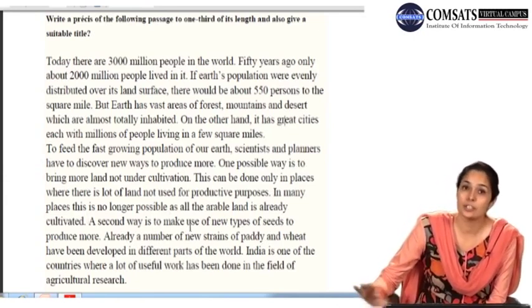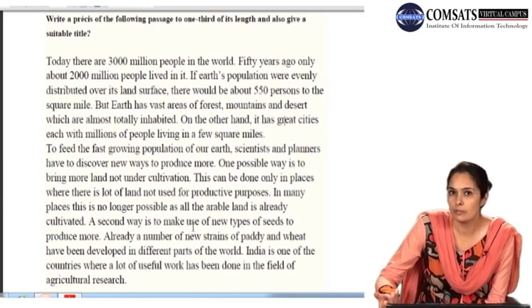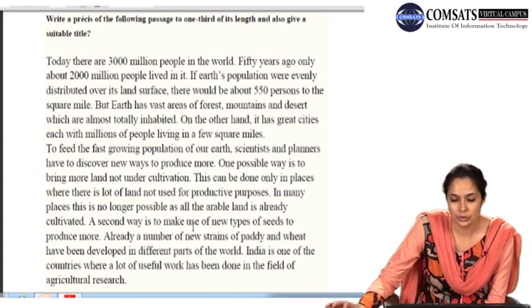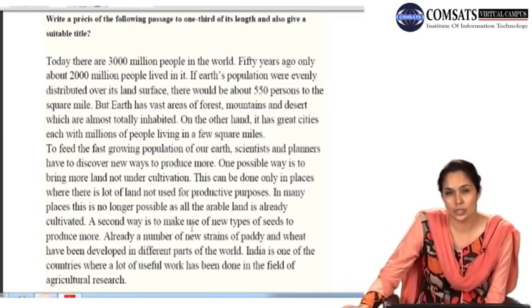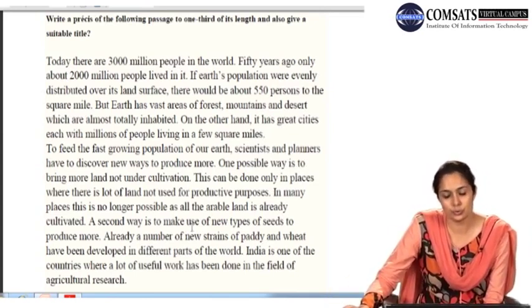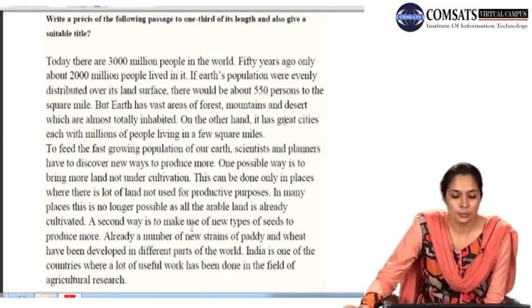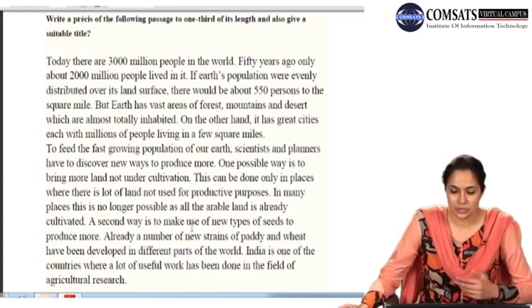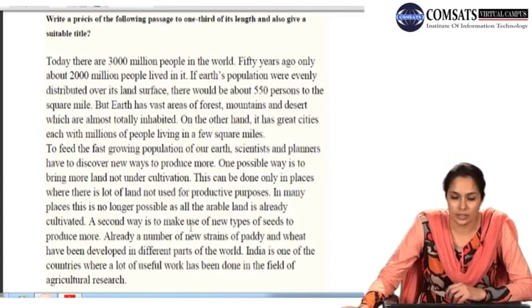And a second way that is more feasible and more developmental and in a way better is that you do a lot of research. Agricultural scientists are supposed to do a lot of research on how to use new types of seeds to produce more. And India is one of those countries which is doing a lot of work in agricultural research.